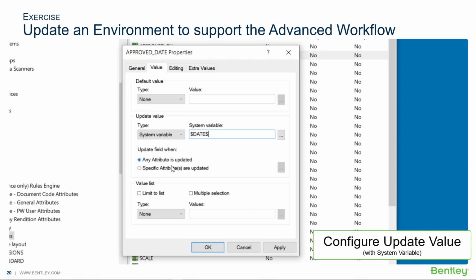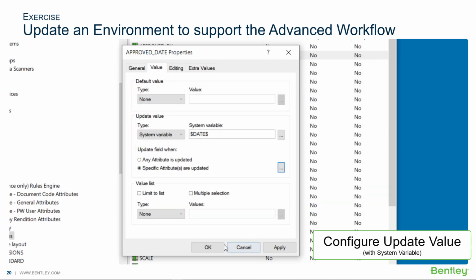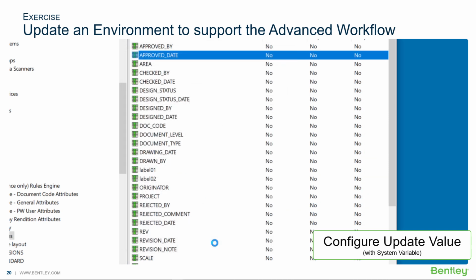Change the Update field when method to Specific Attributes are updated. Click the Browse button to open the Triggering Fields dialog. Add the appropriate attribute to the list of triggering attributes. In this case, the attribute is named Approved By. Click OK to dismiss the Triggering Fields dialog, then click OK to save the change and dismiss the Properties dialog.